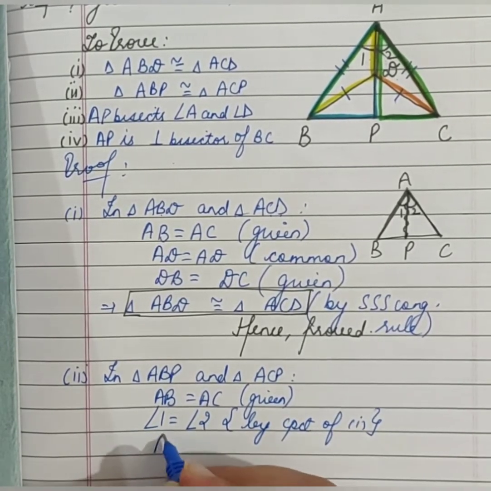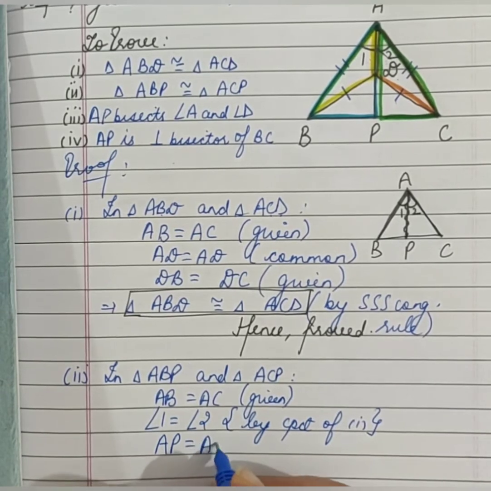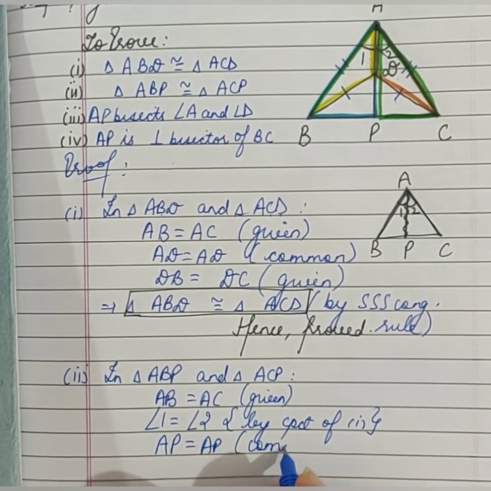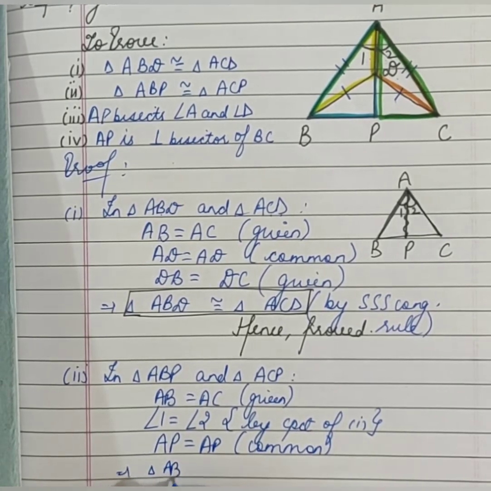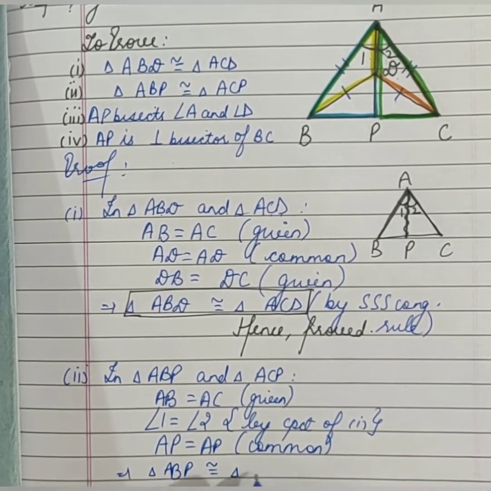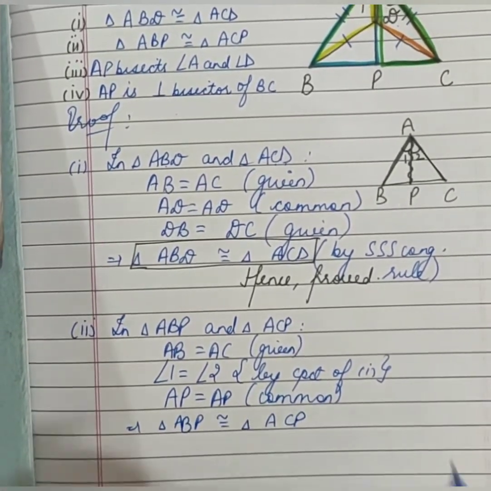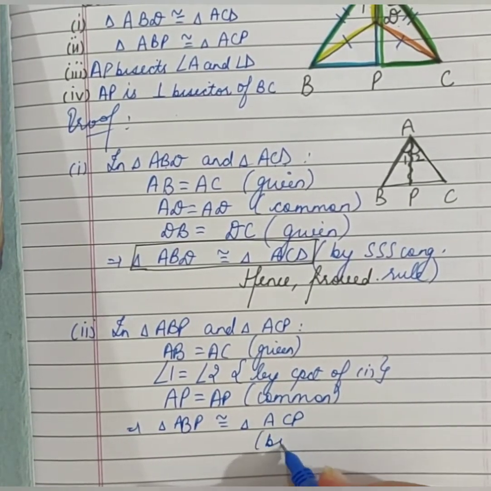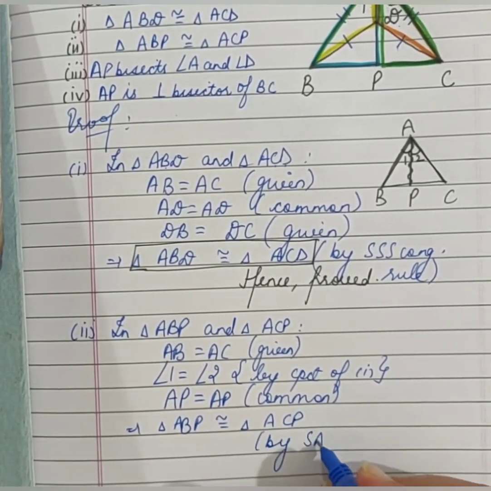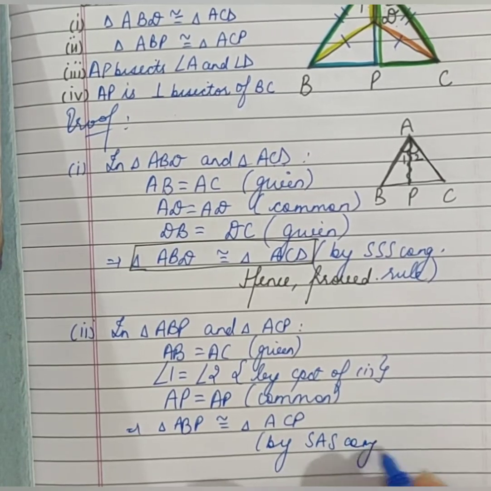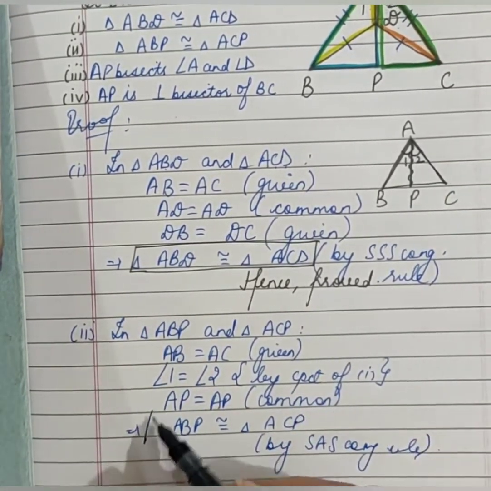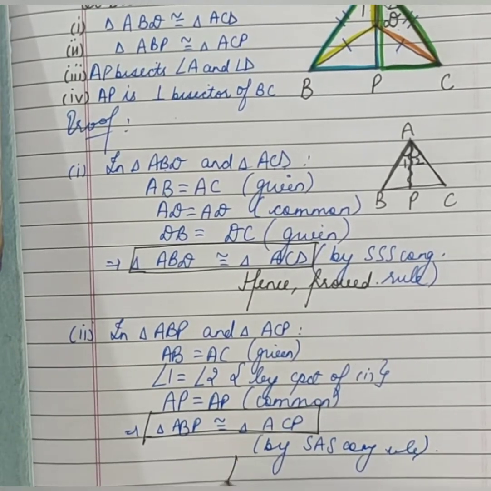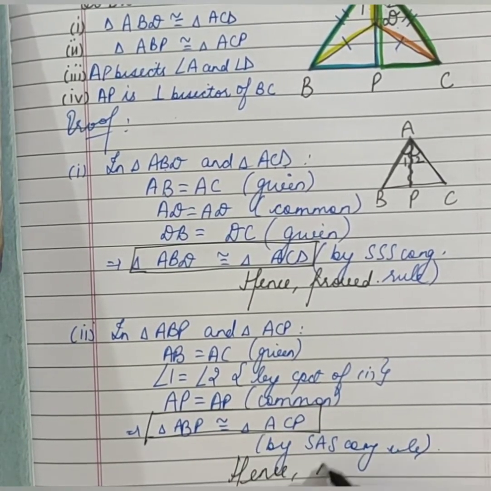And the third condition is AP is equal to AP, common. This implies triangle ABP is congruent to triangle ACP by SAS congruence rule. Hence proved.